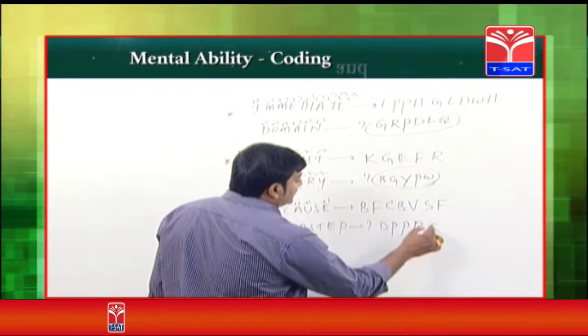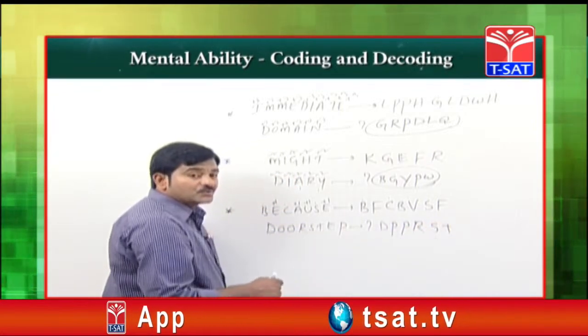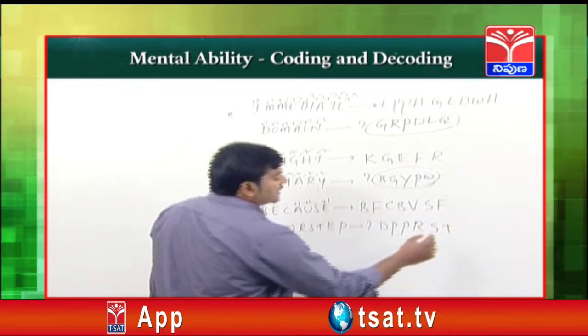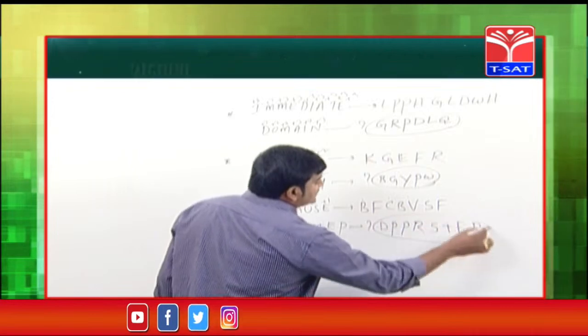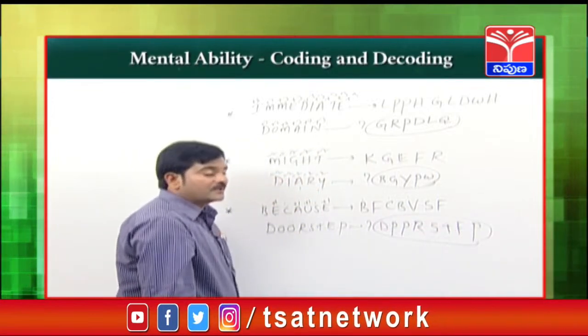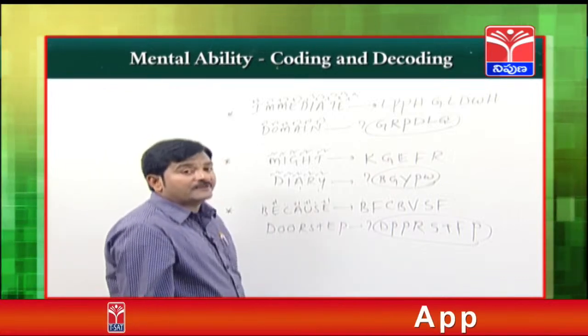S is also consonant as usual. T is also consonant as usual. Again E is vowel, so E can be written as F because it is vowel. And again P is a consonant. So hence required answer for the given word doorstep is DPPRSTFP.